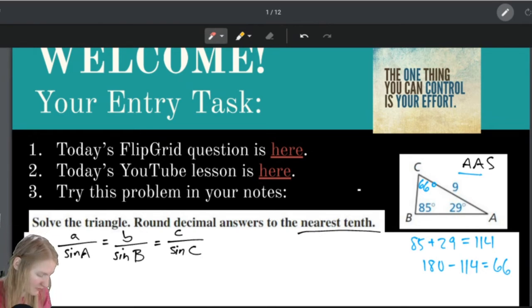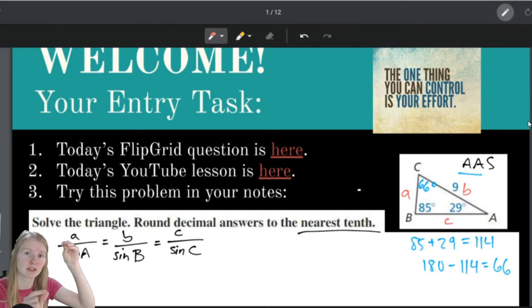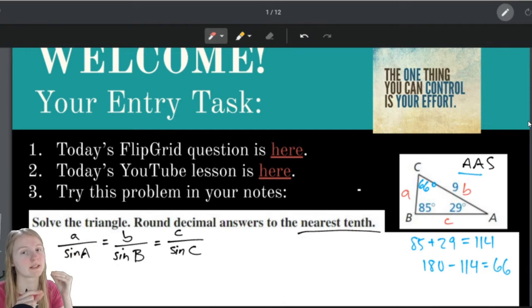So let me do that. This side, the side opposite angle A, is side a. The side opposite angle B is side b. And the side opposite angle C is side c. That is always the case. That's how we name sides: the angle and the opposite side have the same letter, but one is capitalized and one is lowercase.